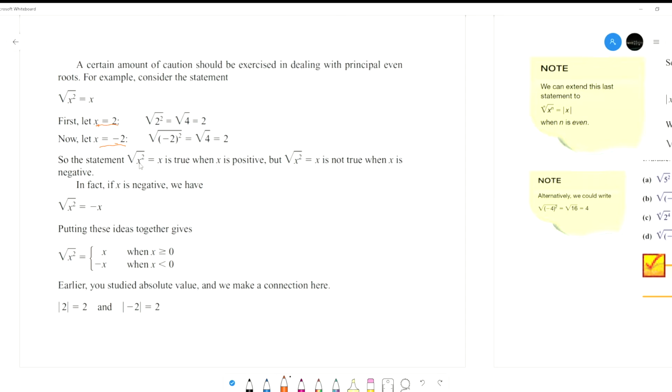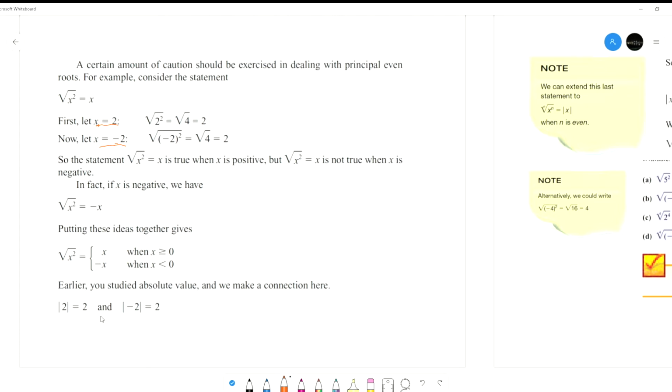So the statement that the square root of x squared equals x is true when x is positive, but when x is negative, it's not true. So we have to put together this idea: the square root of x squared is equal to -x when x is a negative number.